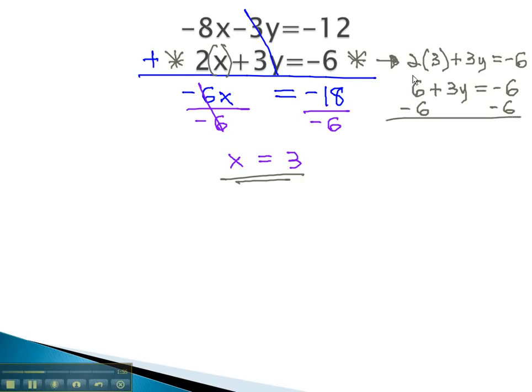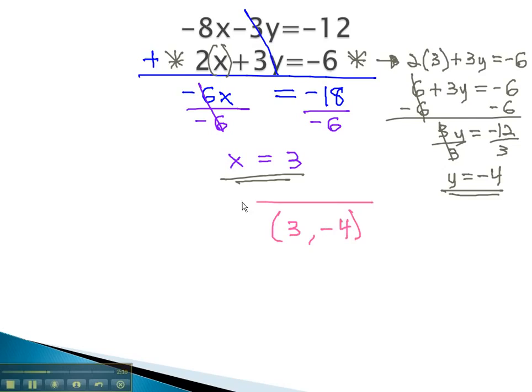Subtracting 6 from both sides, 3y equals negative 12, and dividing by 3 tells us that y is equal to negative 4. As an ordered pair, x comma y, 3 comma negative 4 is the solution to this equation, which we found using the addition method by adding the left and right sides together.